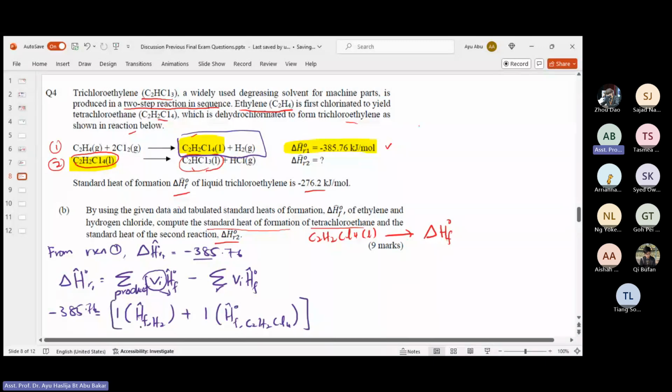Okay, this is the product part minus the reactants. The reactants are ethylene, C2H4, and also chlorine: 1 times the heat of formation of chlorine, Cl2, plus 1 multiplied by the heat of formation of C2H4. So this is the product side, this is the reactant side.